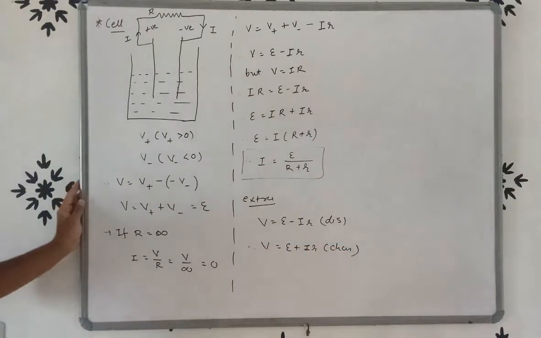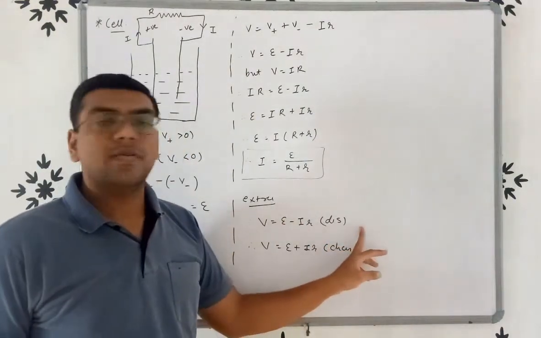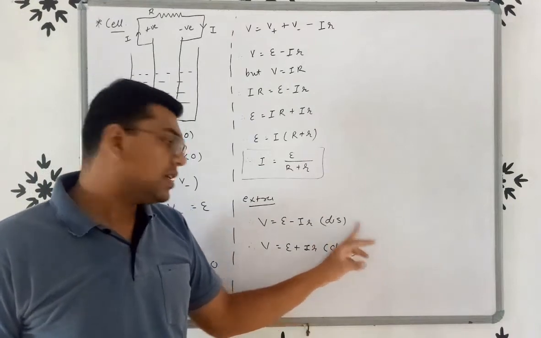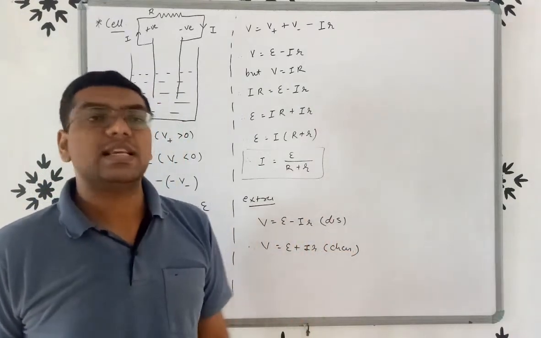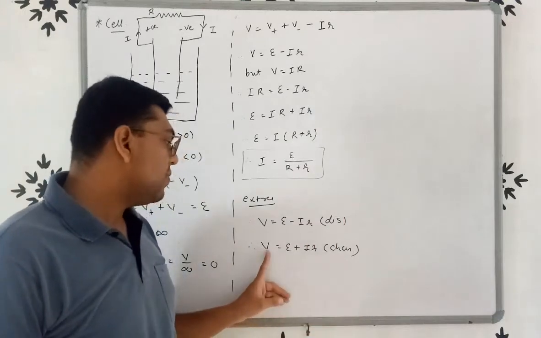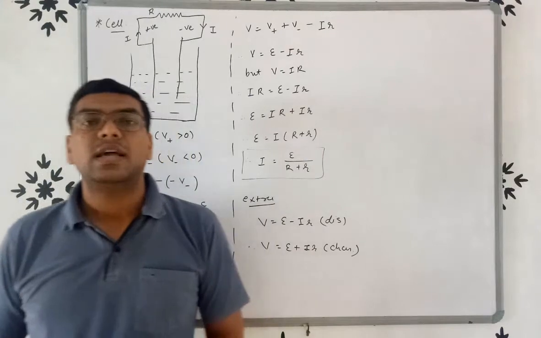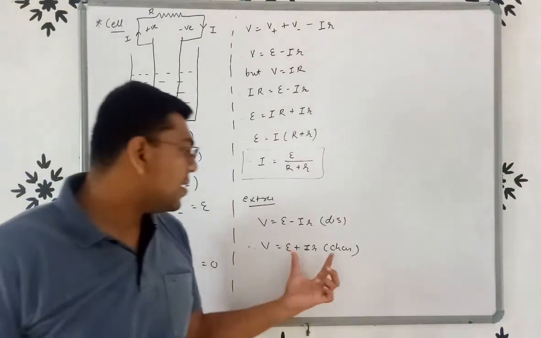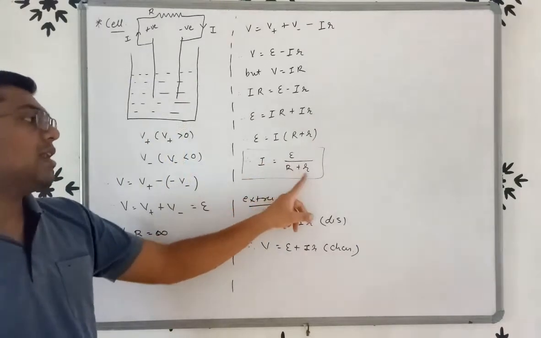So you have to remember, friends, the equation of potential difference: when the cell is discharging, V is equal to E minus IR, and if the cell is charging, then V is equal to E plus IR. Right. So you have to remember this equation of current, I is equal to E upon capital R plus small r.